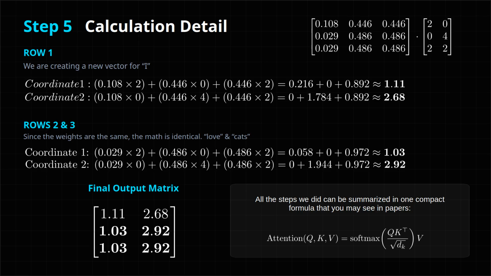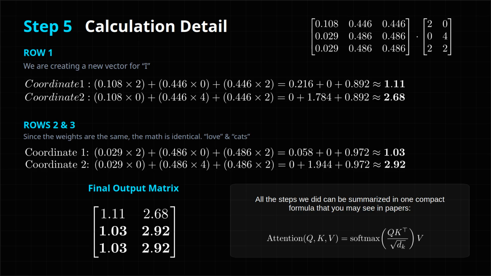For coordinate 2, we take 0.108 times the second value for I, plus 0.446 times the second value for love, plus 0.446 times the second value for cats. That gives 0 plus 1.784 plus 0.892, which adds up to about 2.68.